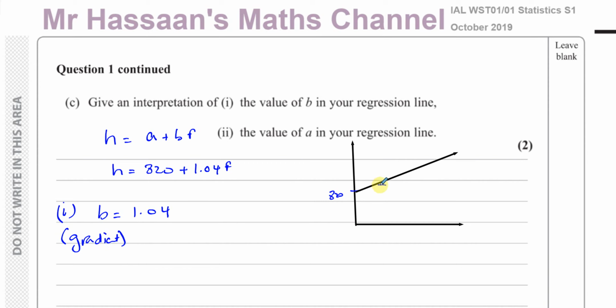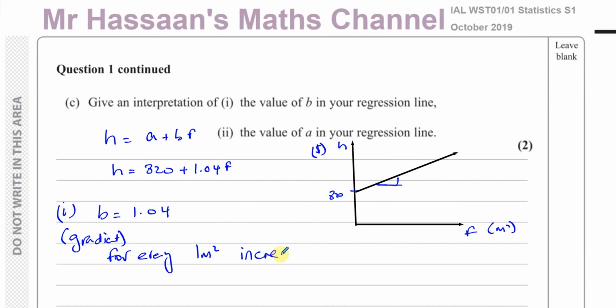So, you could say, for every... now this is your H and this is your F. This is the bill, the heating bill. This is the floor area. So for every 1 unit increase in floor area, so you can say for every 1 meter squared increase. Remember, this is the floor area in meters squared, and this is the annual bill in dollars.